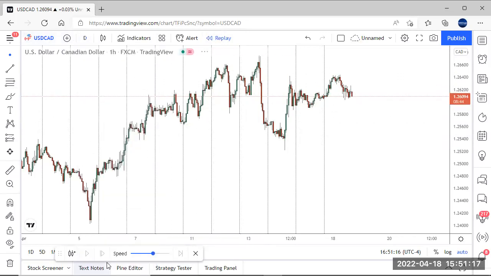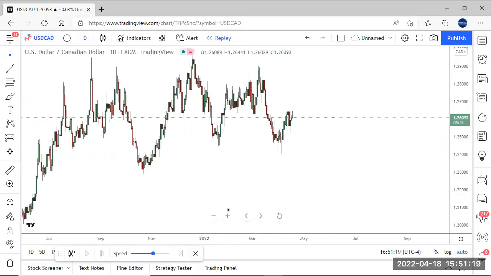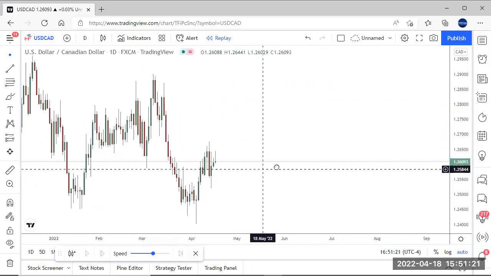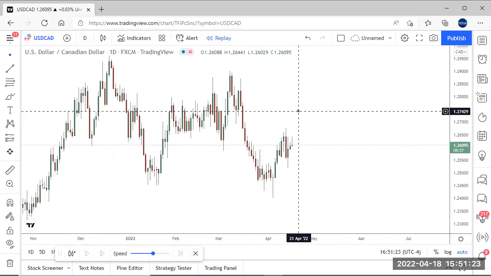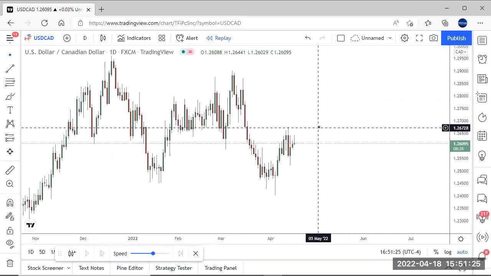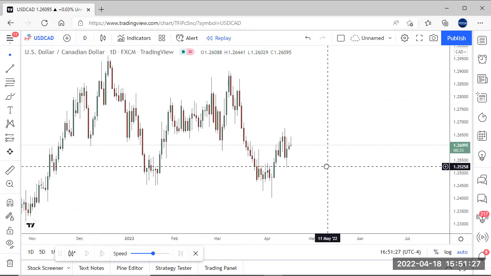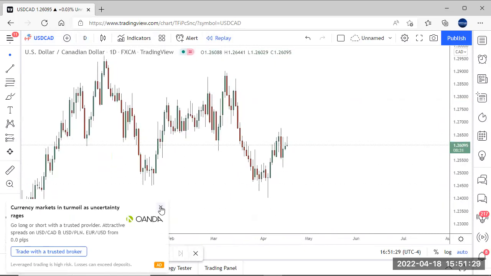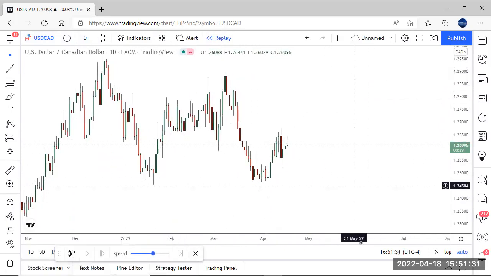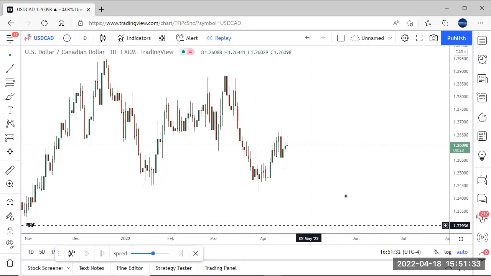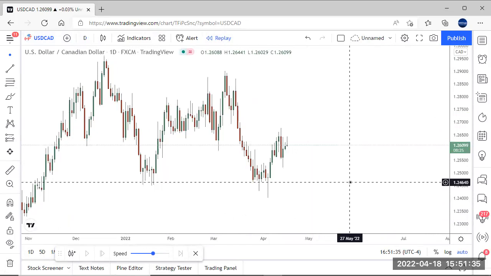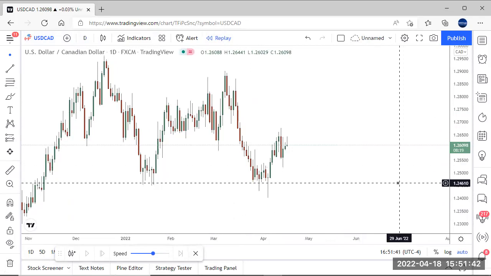Like I said, we're going to start at a daily chart. Before taking a setup, I like to see where price is at. Everyone knows dollar index has been rallying higher. I don't like to call tops when price is going higher on a higher time frame. There's no need to do that.